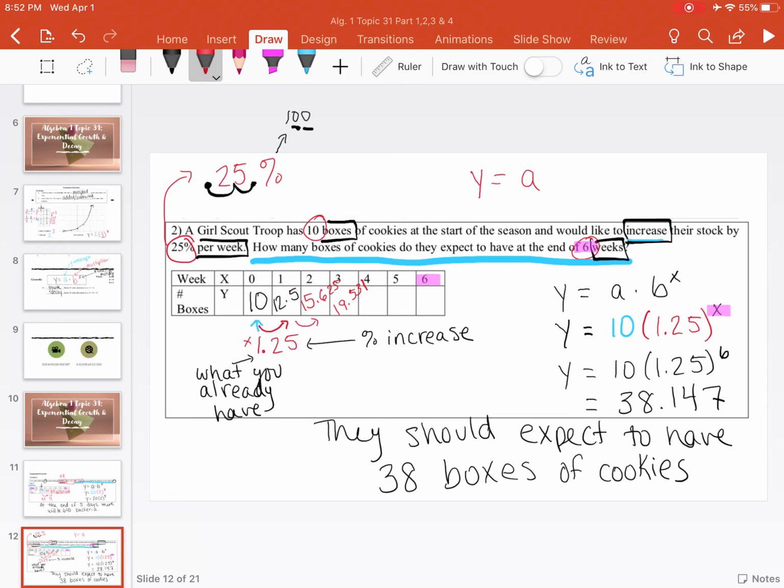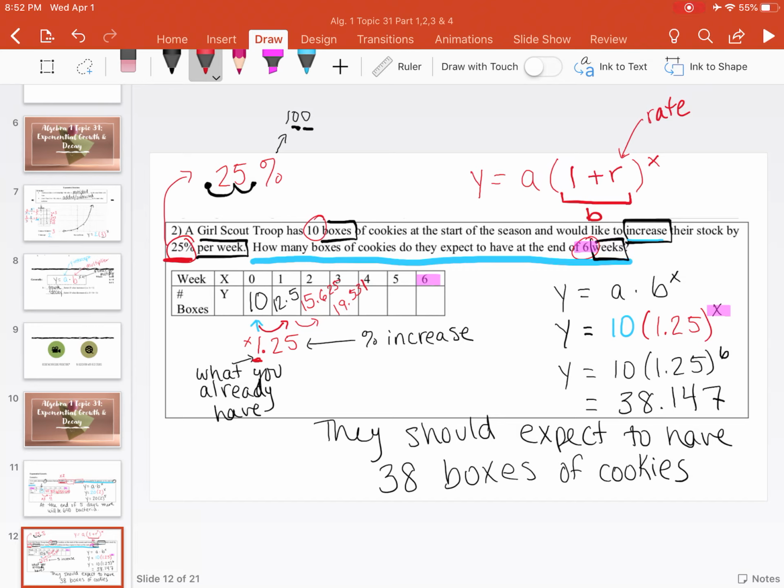y equals a, still the same, times 1 plus r to the x. So here, this 1 plus r is your b, and your r is your rate. So for example, our rate in this problem was 25%, or 0.25 as a decimal, and we added 1 onto that.